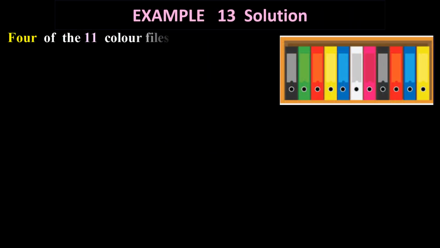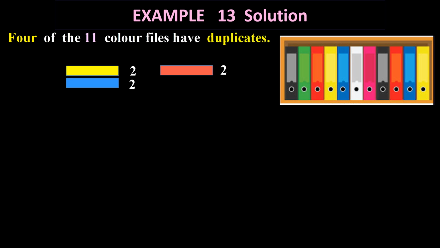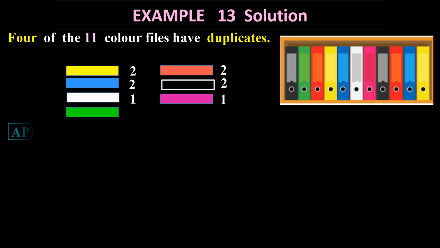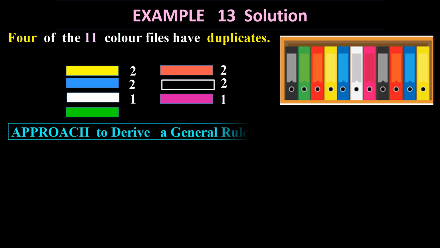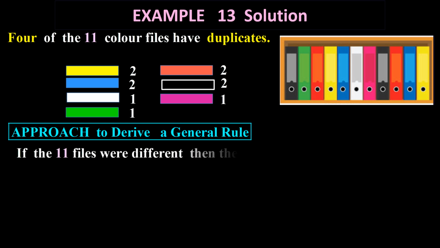Now let's look at the solution. There we have our 11 files, and we know this is the data that we have, which ones are duplicated. Now, if we have 11 files and they were all different, no duplicates, then those 11 files could be arranged in 11 factorial ways.